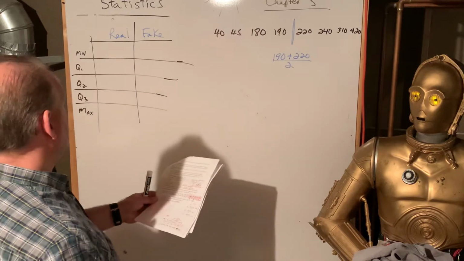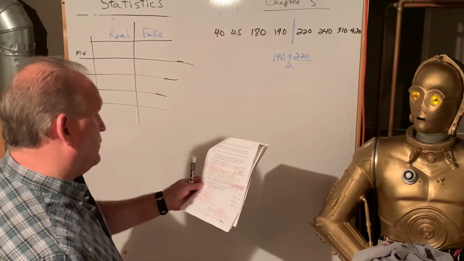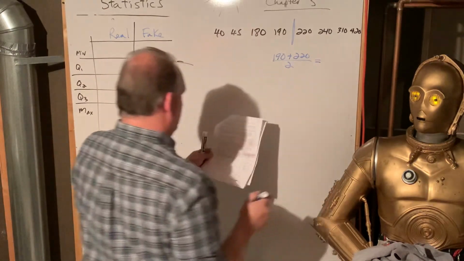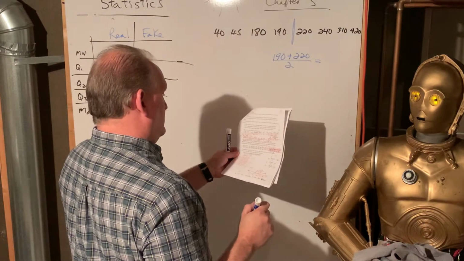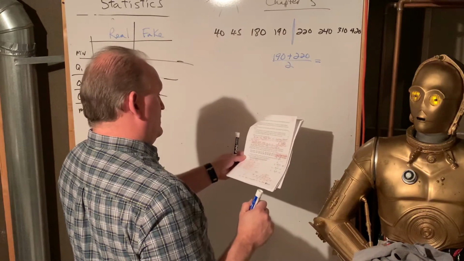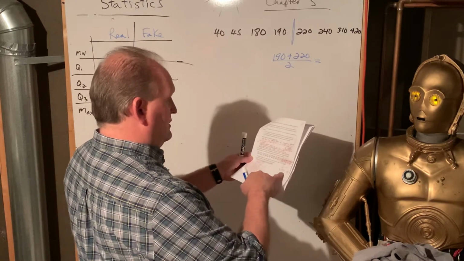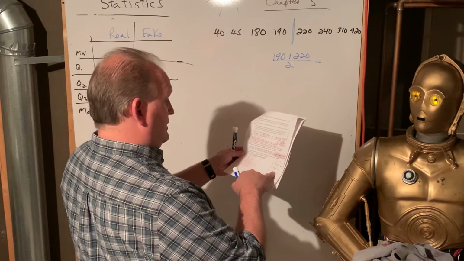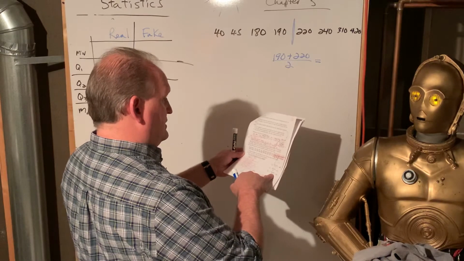Which one is this? This is the real cheese. No, that's going to give us 112.5. No, it's going to give us 215. Oh, wait.